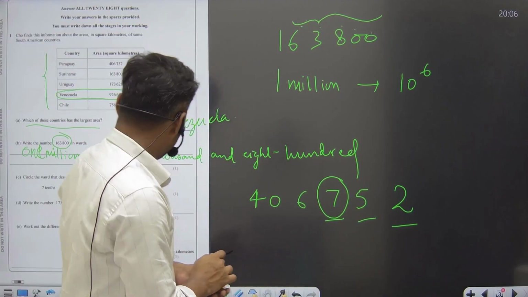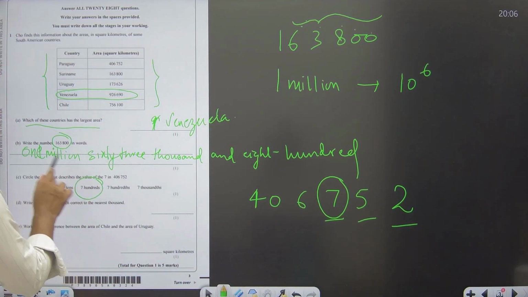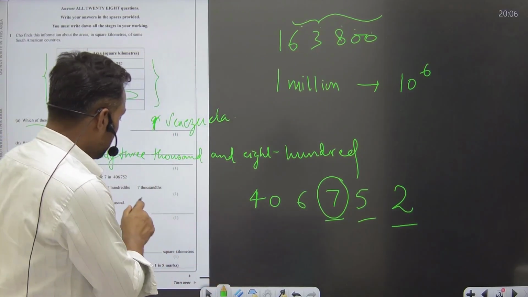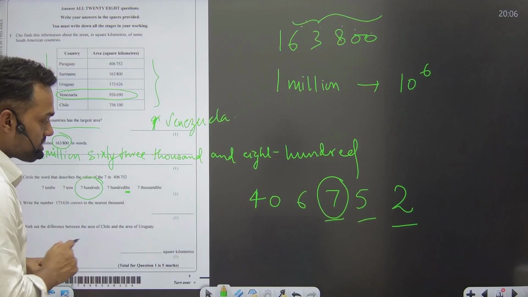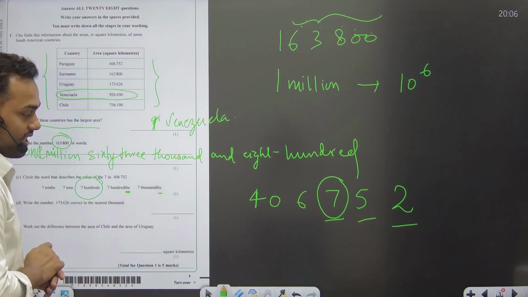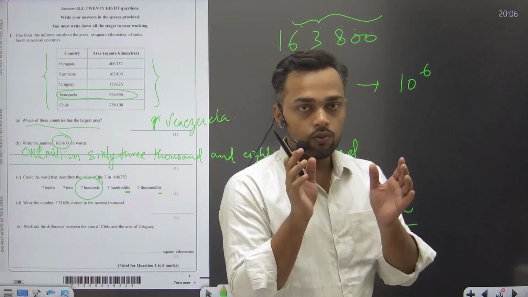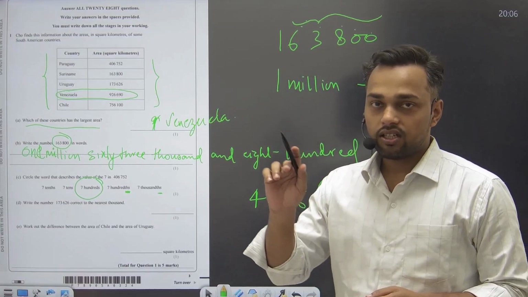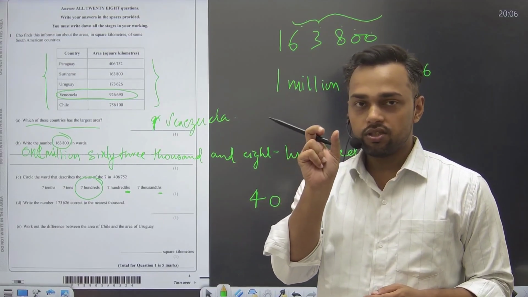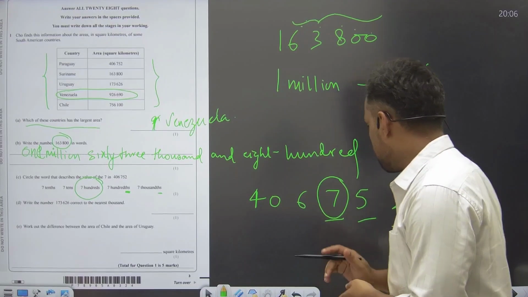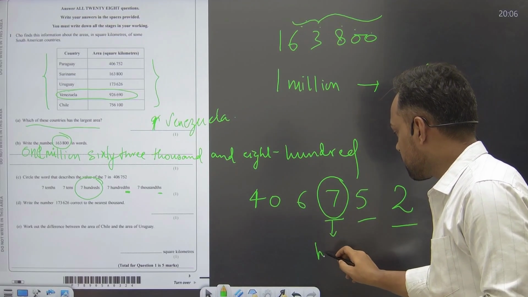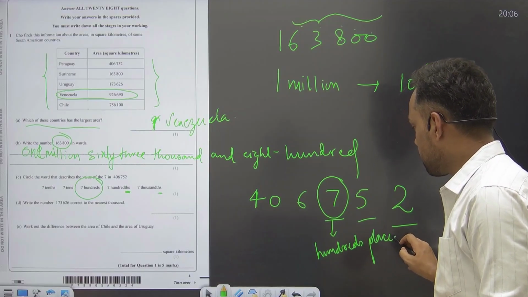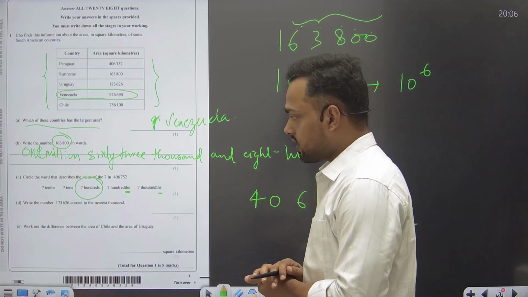So we'll be circling 700s. Don't get confused with 700s, thousandths and hundredths. Thousandths is the value at 3 digits after the decimal point, and hundredths is 2 digits after the decimal point. So 700 will be the correct solution.